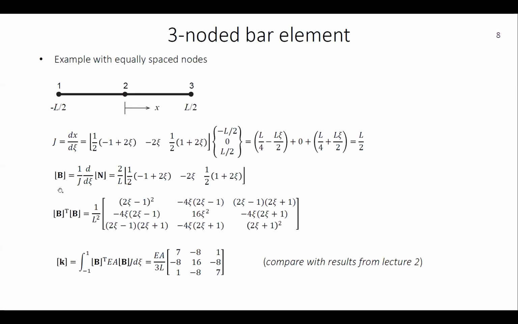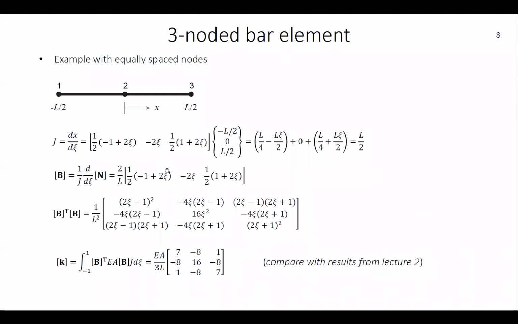And then the B matrix, or rather vector here, is the inverse of that times the derivative again, d/dx. So we have the inverse of L/2 is 2 over L times the derivative of N with respect to xi.